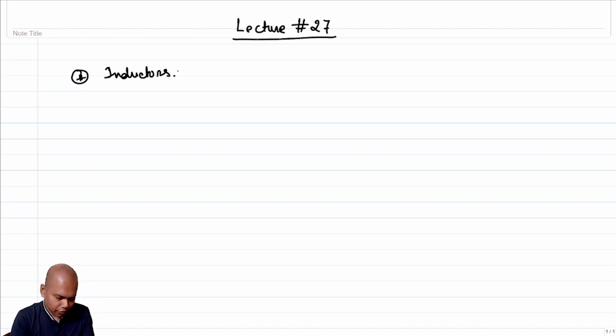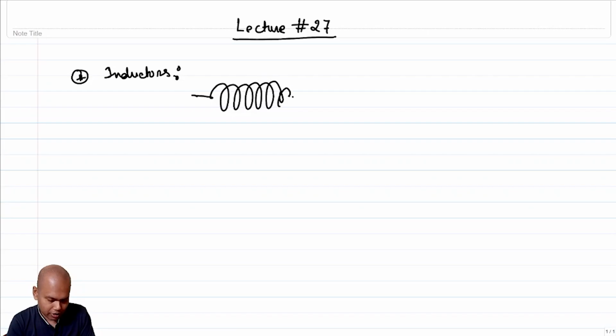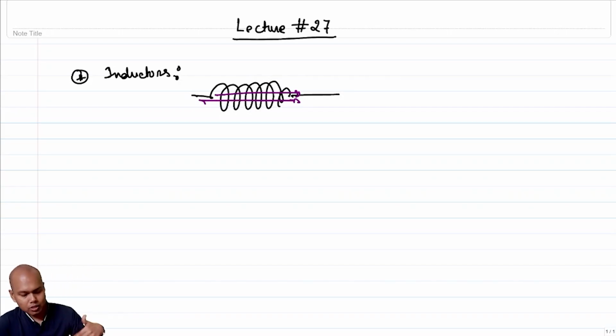Now, if you recall, in one of the earlier lectures, I had talked about the typical realizable values of inductors on a chip. So how do you essentially make an inductor, right? From our high school physics understanding, inductors are essentially pieces of wires which are wound together in certain ways, and the magnetic fields align, and there is a flux that goes through each of these turns, and they couple.